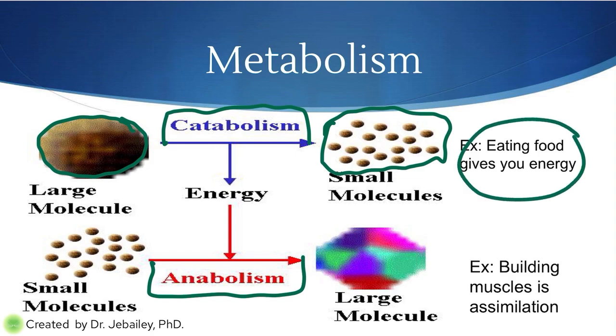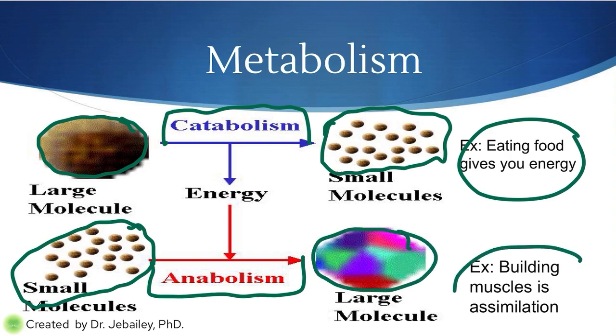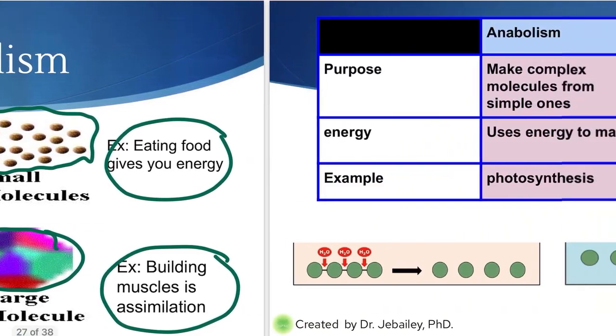You're breaking the food into small pieces and you're picking up the energy from it. When it comes to anabolism, you come in with small molecules and you're going to join them to become a large molecule. And this can be an example as building your muscles for simulation. So when you combine in your body all the catabolism and all the anabolism, that's metabolism.